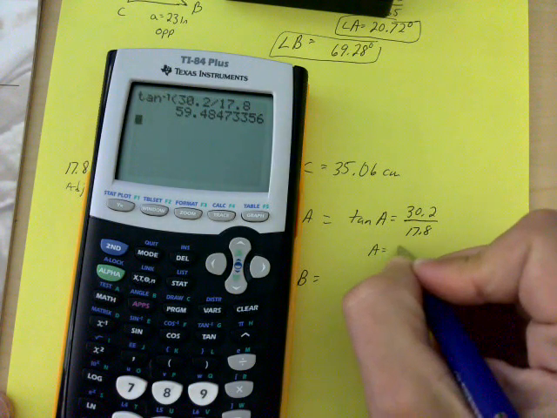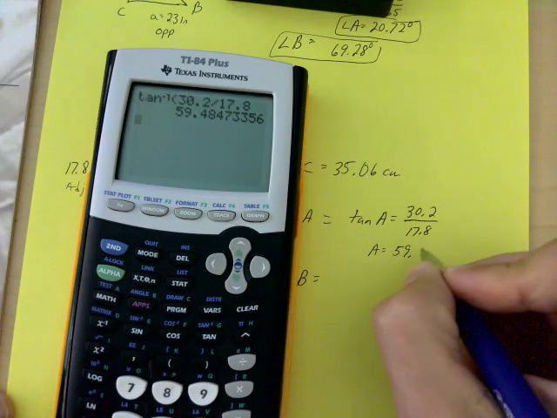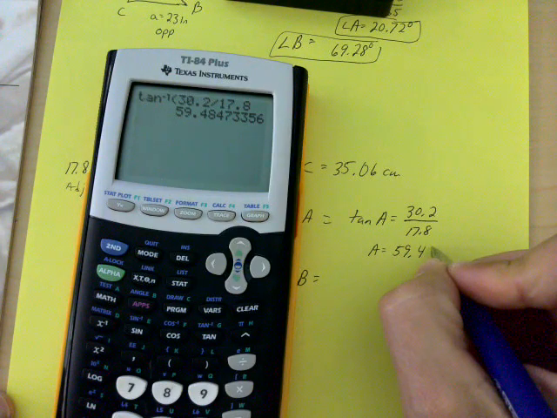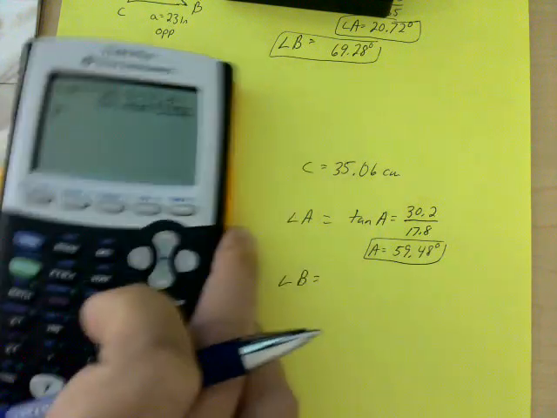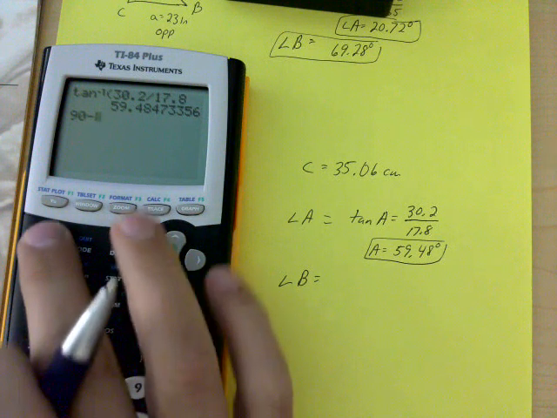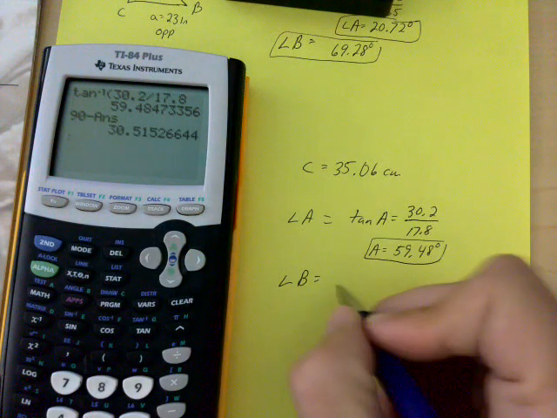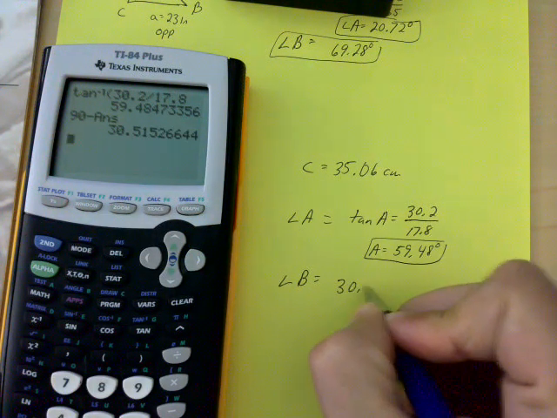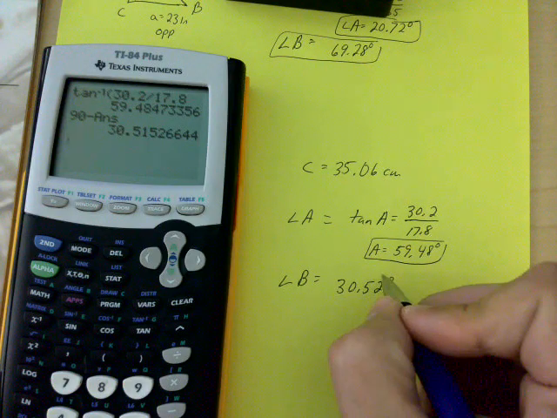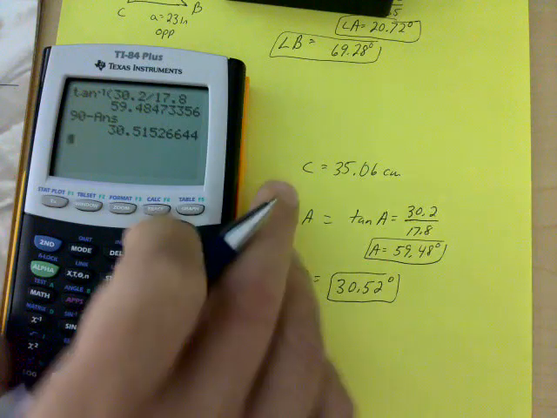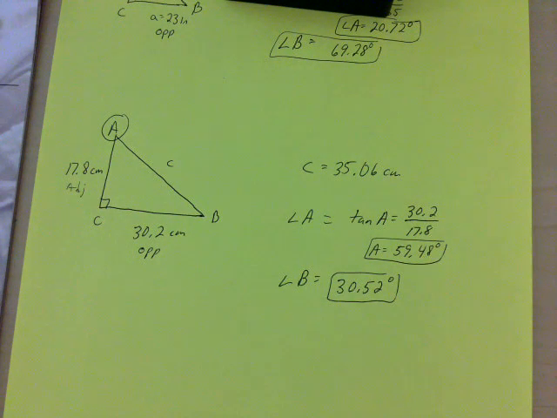It is 59.4.8 degrees. Okay? And once you do that, get another point by finding its complement, which would be 30.52.